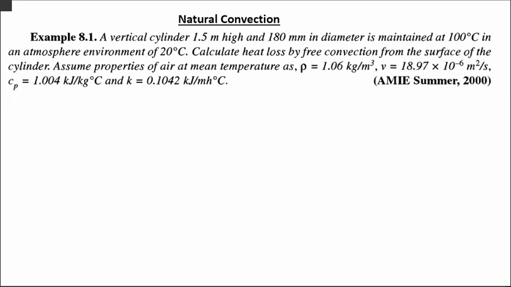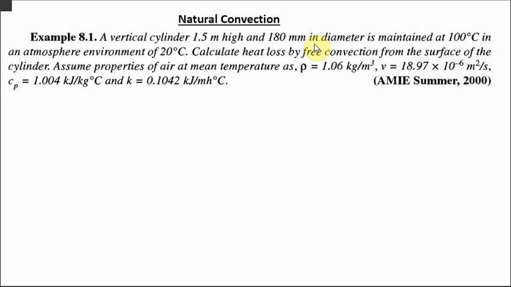Like in forced convection, first we will go through the problem. A vertical cylinder 1.5 meter high and 180 mm in diameter is maintained at 100 degrees Celsius in an atmospheric environment of 20 degrees Celsius. Calculate heat loss by free convection from the surface of the cylinder.